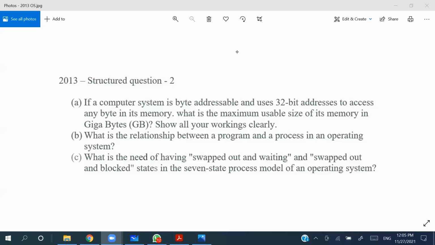All right, let me see. Lalindi, now in the C part, you have described the swap and waiting and what is swap and block.